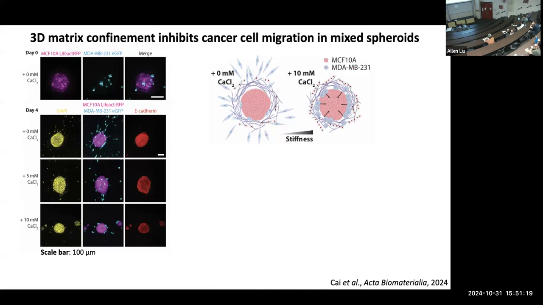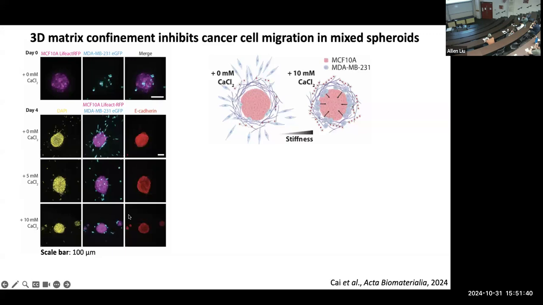Now, this is the experiment showing the 10A cells and 231 cells as a function of time. On day 0, we have very well mixed spheroids, and you can see that when you have very low calcium concentration, the single cells are moving away.